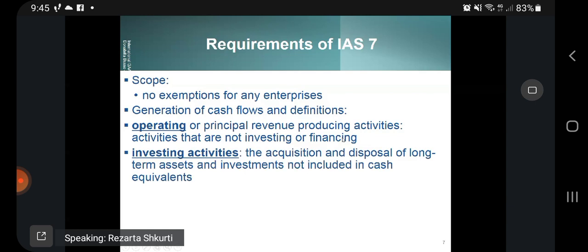Let's continue. The other category is the investing activities. A simple definition is that in this category, I will include all those transactions that involve acquisition or disposal of long-term assets and investments that are not included in cash and cash equivalents.